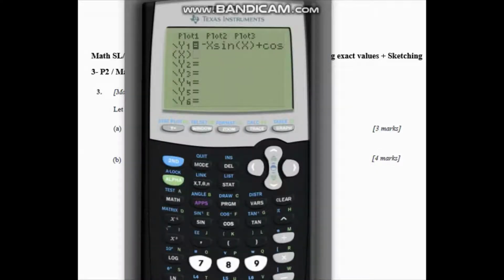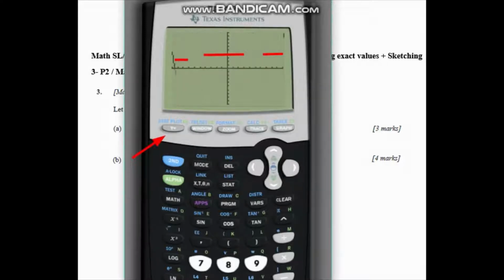So the first thing I do is use the y equal button in order to access writing equations, and I type in the equation as I have obtained it in question A. So in question A we found that f dash equals negative x sine x plus cosine of x. So I just simply type that down and then I click on trace in order to find the graph.